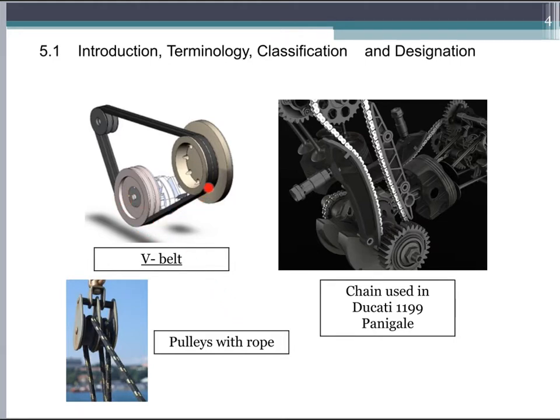The first figure is the belt drive, the V belt. And then we have rope with pulley. This is our rope, and this is the pulley. The third figure is roller chain, used in motorcycle. All of these flexible machine elements are used for power transmission.